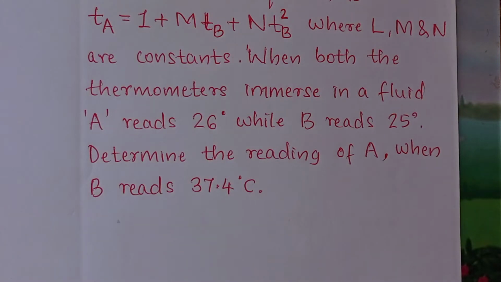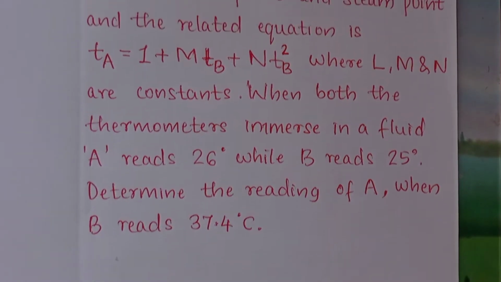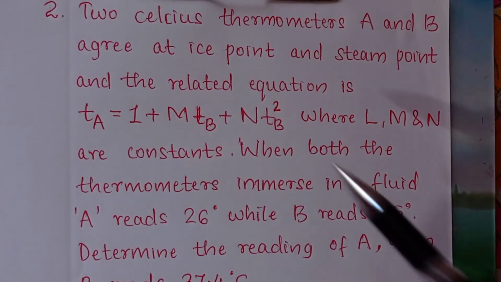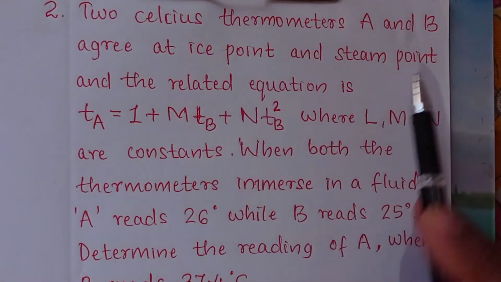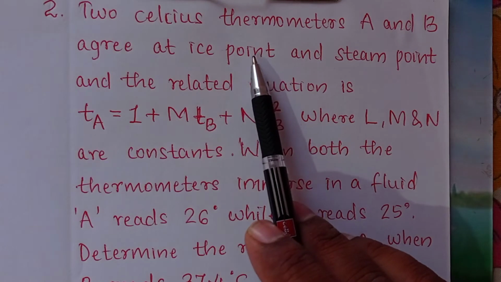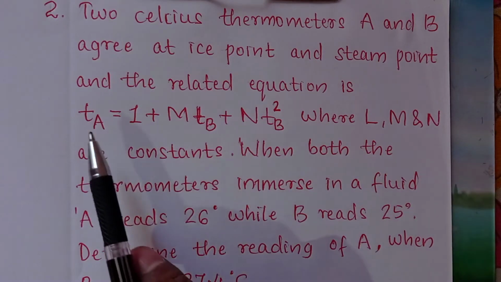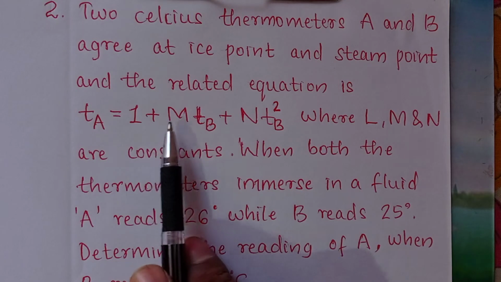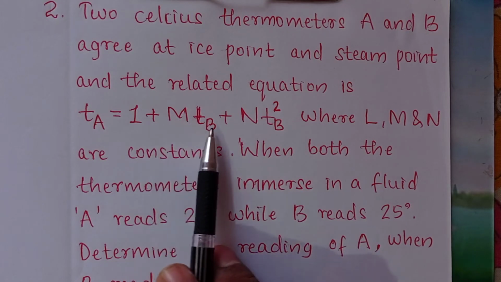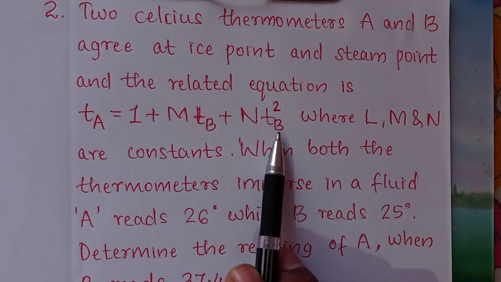So in this problem, there are two thermometers A and B, and when they are immersed in ice and steam, you can see here ice point and steam point, both agree at these two temperatures. The relation between these two thermometers is Ta is equal to L plus mTb plus NTb square.